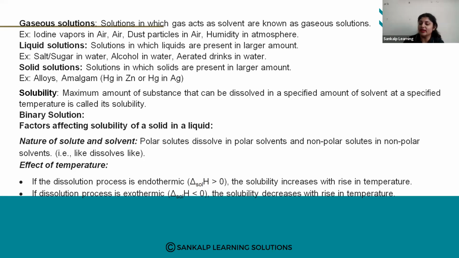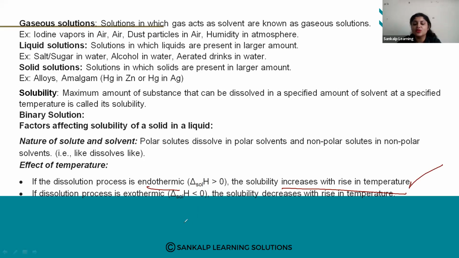So delta H will be positive. Here you can see, if the dissolution process is endothermic, then the solubility increases with the rise in temperature. So this is the effect of temperature.